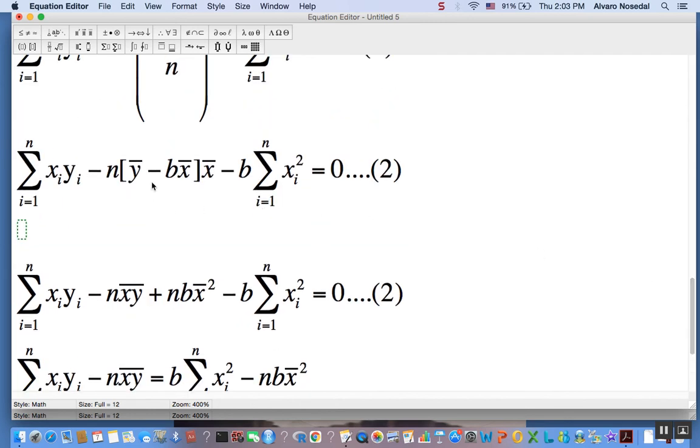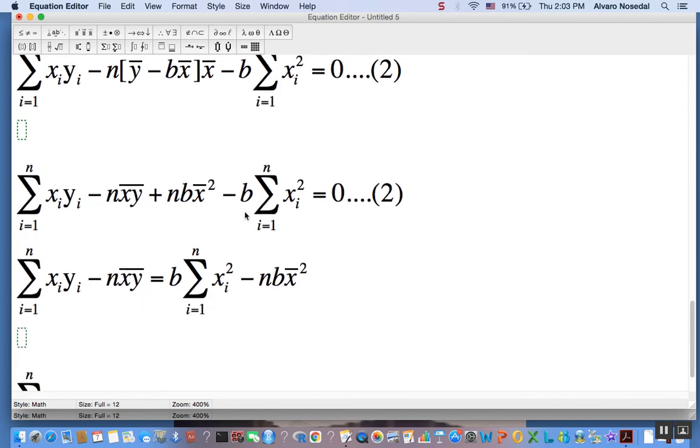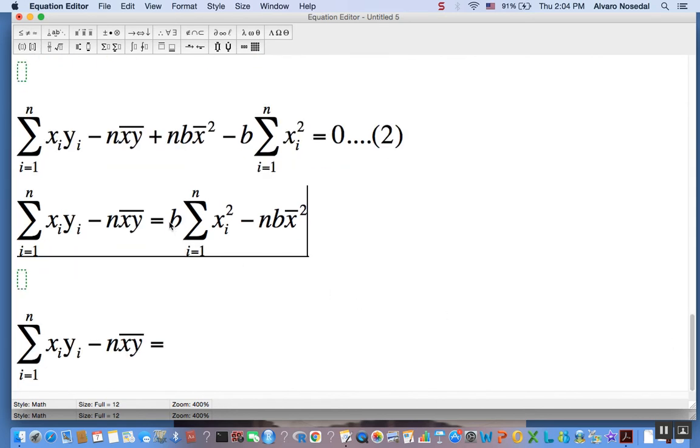So what I did here is I plugged in a, then I just did the math. n times x bar y bar, this guy, minus times minus plus n times b x bar squared, right? And then what I said is I'm going to move the terms that have b's to the right hand side. And when I did that and I just copy pasted it, I forgot to change the signs of these guys. So this should be a plus, this should be a minus. That's good. Okay, now let's factor out the terms that have a b in it.